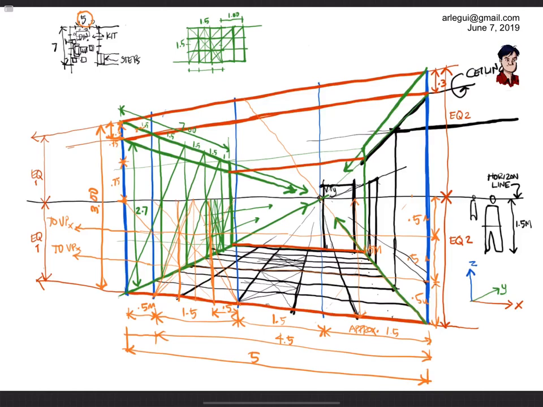The height of the stairs, I'm trying to establish roughly about 0.5 meters, and you subdivide it into 2 equal parts for the height, also the tread, the depth of the stairs, and then you draw the section of that, and project it to the vanishing point Y. There you go.